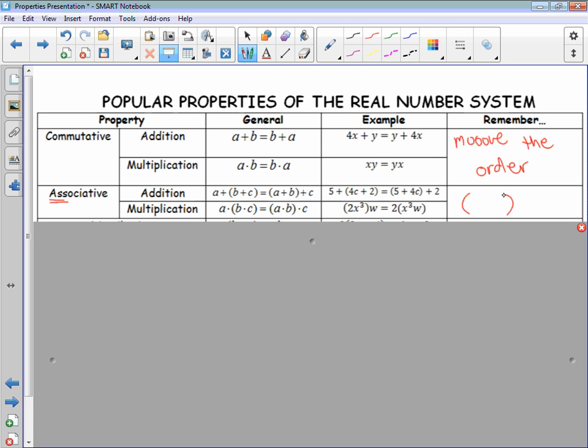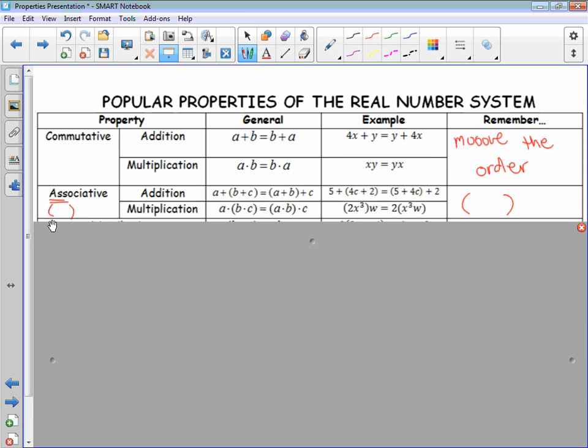So like when you see the first 3 letters, kind of looks like that, which are parentheses, okay? So if that helps you remember, because that's what that looks like. If you don't know what that word means, ask somebody in your group.